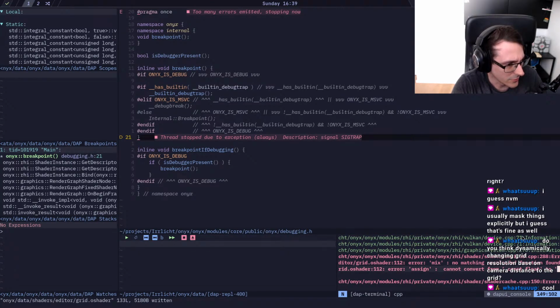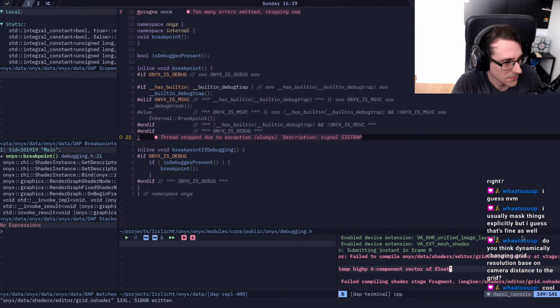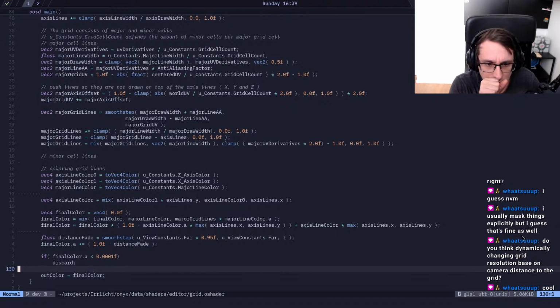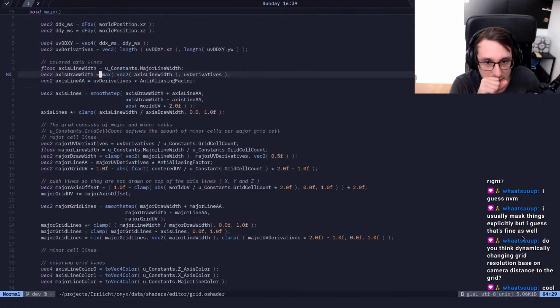Cannot convert from const float to... Hmm. It's probably not that one, right? So it's most likely this mix.